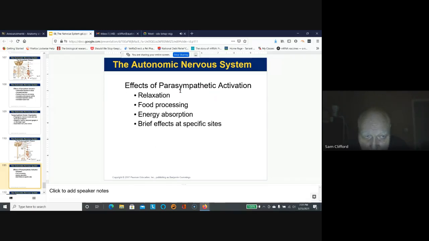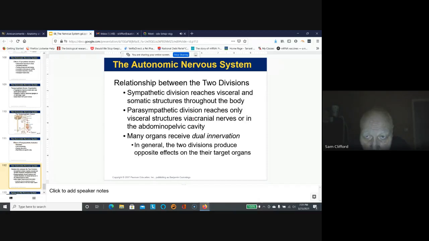So the effects of the parasympathetic system: relaxation, processing of food, absorbing energy, and so on. So the parasympathetic division helps monitor and control gut functions and muscle function, reaches only the visceral structures using the cranial nerves.